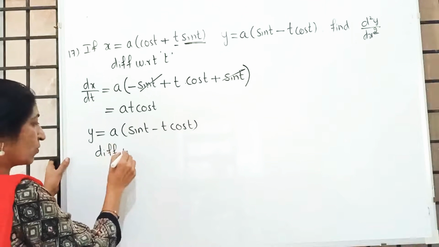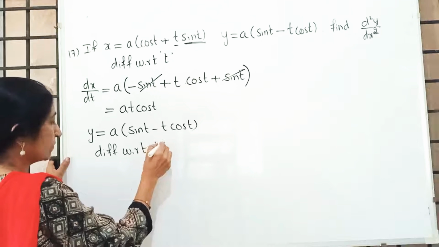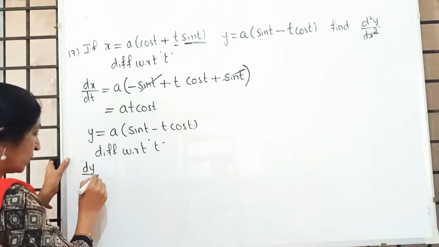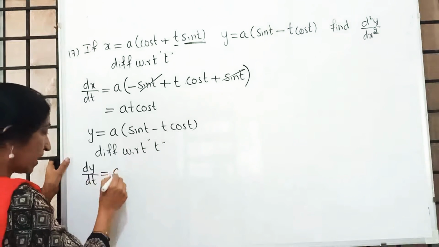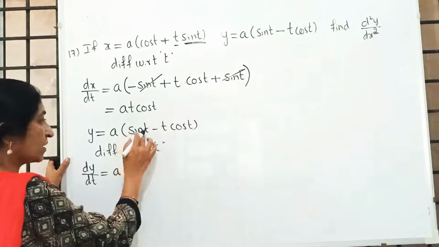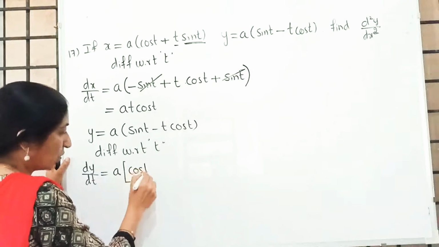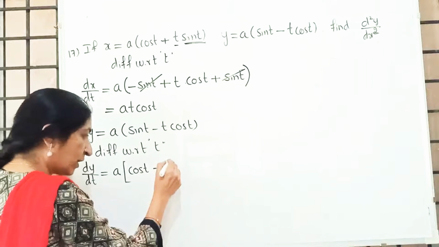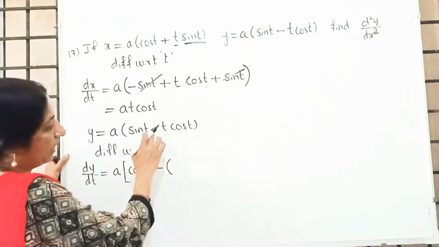Now write down y. y is equal to a in the bracket (sin t minus t cos t). Differentiating with respect to t, dy upon dt is equal to a as it is, in the bracket the differentiation of sin t is cos t, and minus, so that's why writing this in the bracket, outside we have a minus.